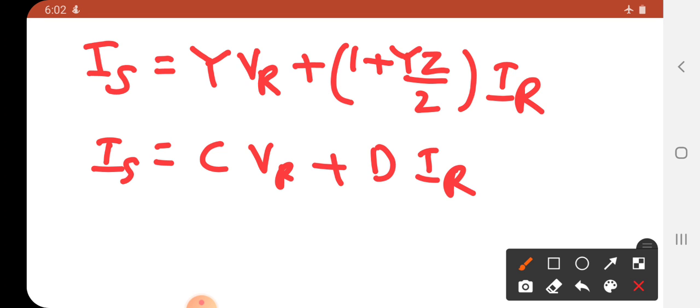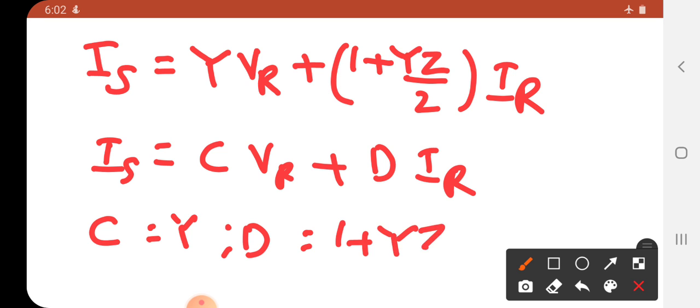So what is C? C is equal to Y. And what is D? D is equal to 1 plus YZ by 2. So now here you can prove that A is equal to D and AD minus BC is equal to 1, as we proved in the case of medium transmission line.